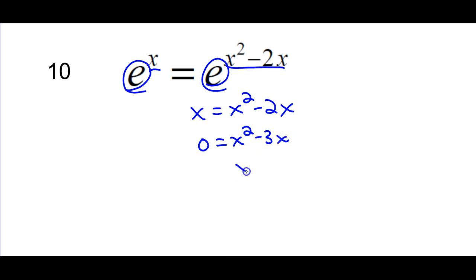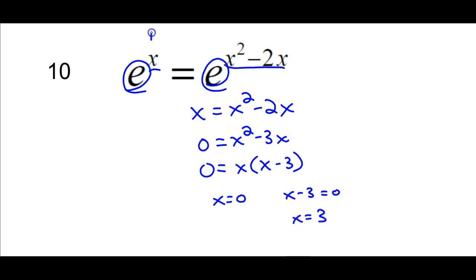And then factor. And so I'm at a point where I know I've got two numbers being multiplied and they give me 0. So one of these numbers or both of them are going to be 0. So either x equals 0 or, let's see, x minus 3 equals 0, which gives you x equals 3.